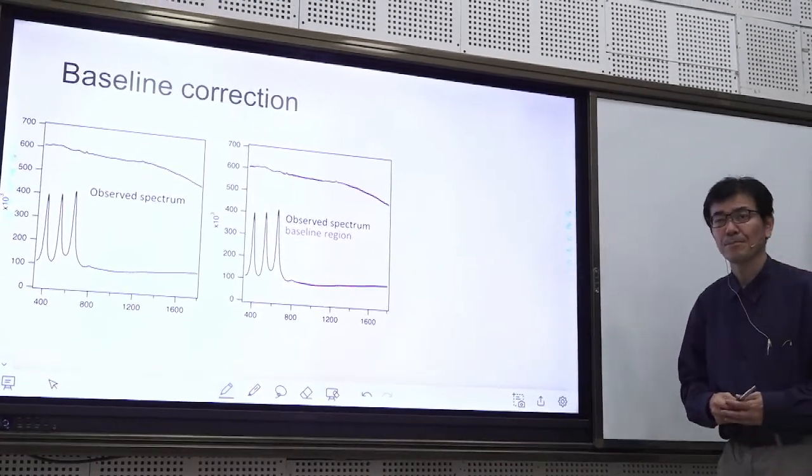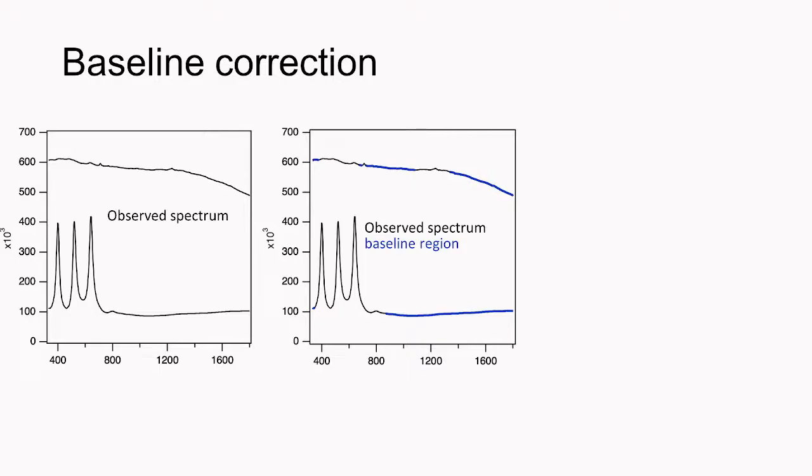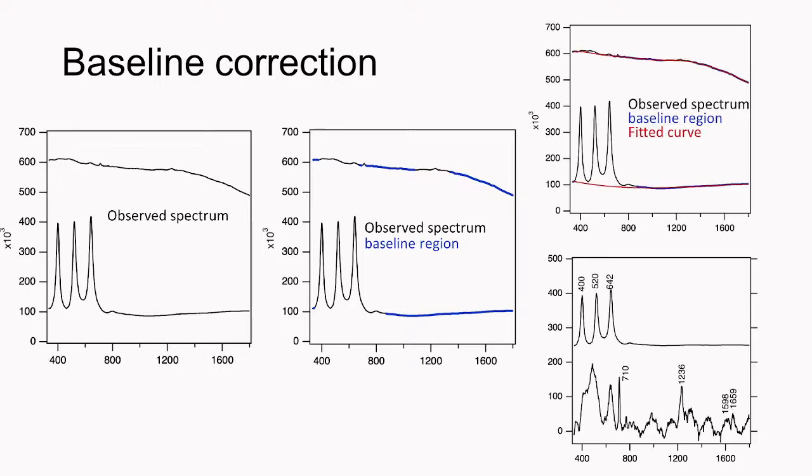The next question is from this graph. Here we can see there are 3 peaks at the initial stage, at around 400, 500 maybe.